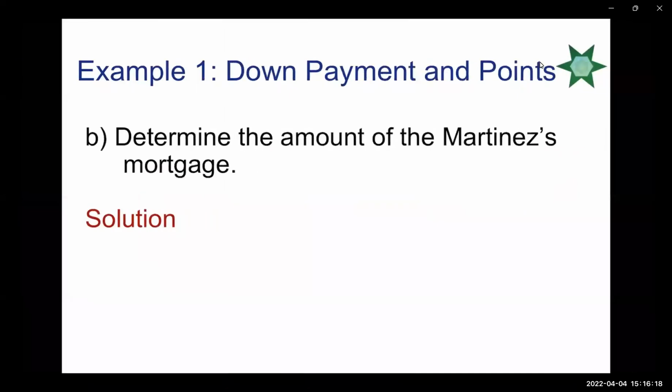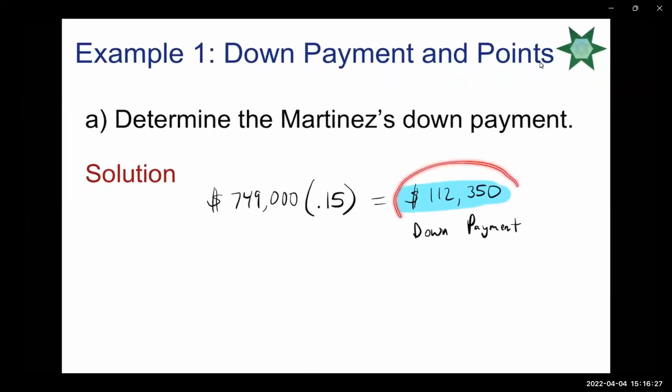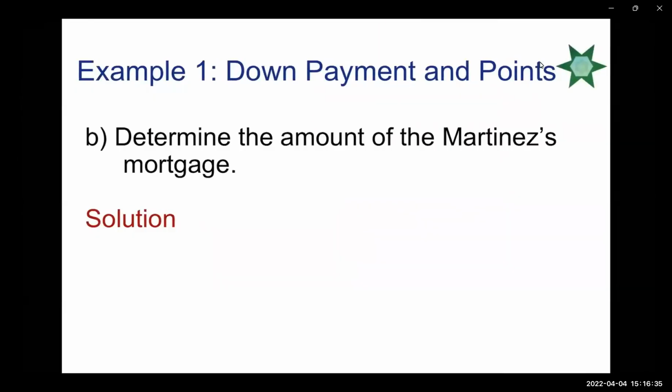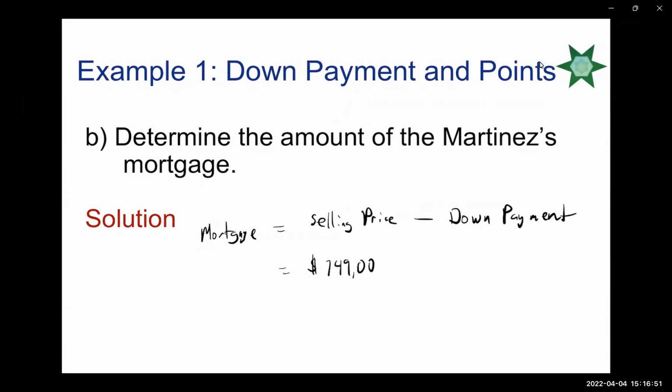All right, the next question is saying, determine the amount of the Martinez's mortgage. So the mortgage is, how much do they owe? Well, you subtract the down payment from the selling price, and that tells you the mortgage. So I'll write that. Mortgage is equal to selling price minus down payment. So the selling price was $749,000.